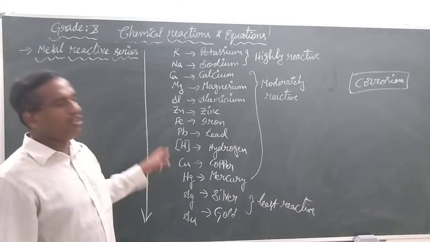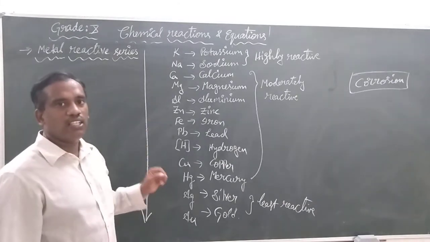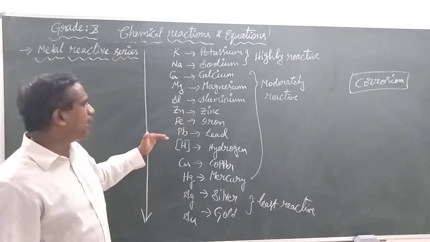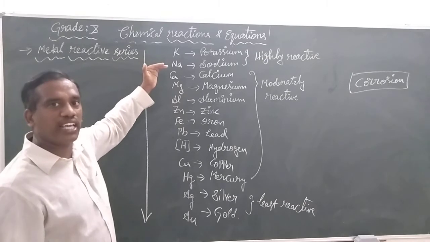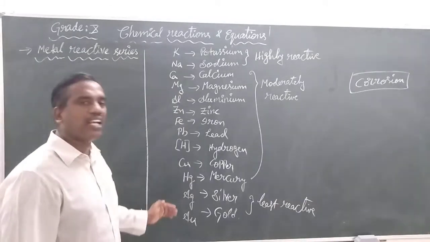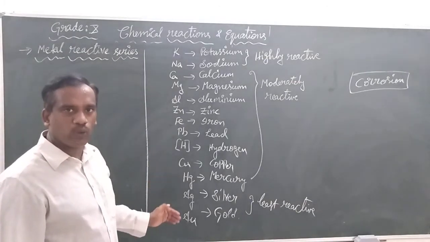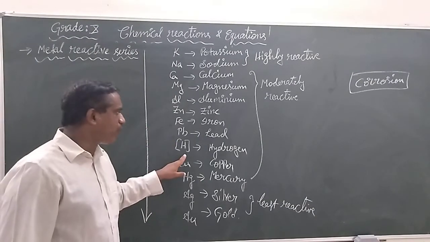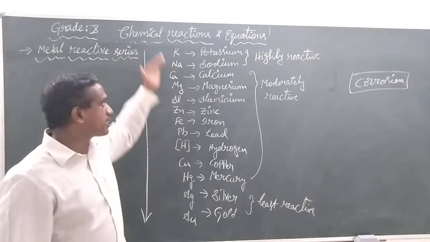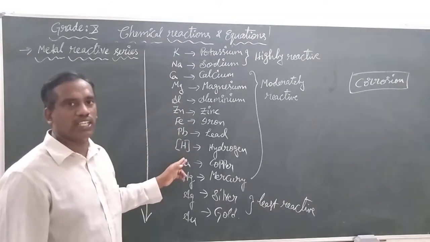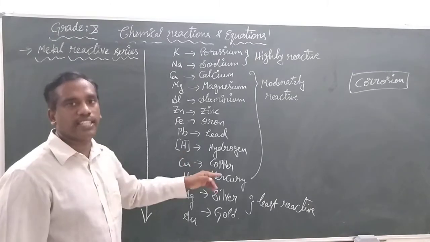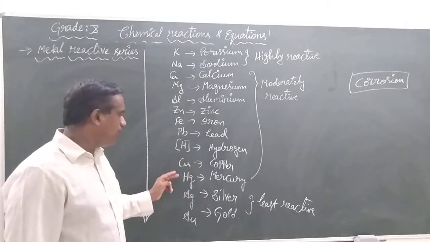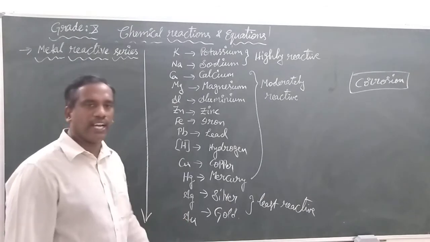Your question will be, why was hydrogen taken here? It is not a metal, no. It is taken as a reference. Means the above metals are more reactive than hydrogen. Below metals are less reactive than hydrogen. These can displace hydrogen. But these cannot displace hydrogen. We will understand again. Followed by copper, mercury, silver and gold.